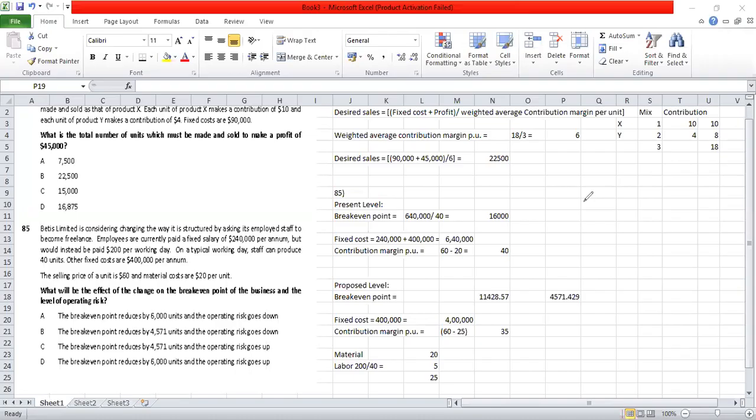Now according to the proposed change, their break-even happens at 11,429 units itself. So beyond 11,429 units, they will start making profit. Otherwise, if they have to wait till 16,000, it again is subject to demand. Demand should be there till they reach that 16,000 units level.